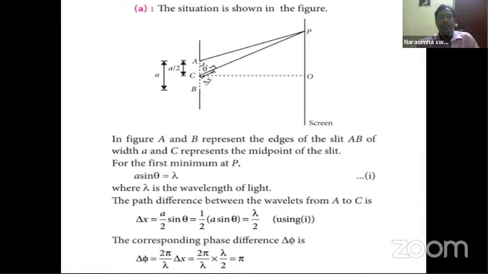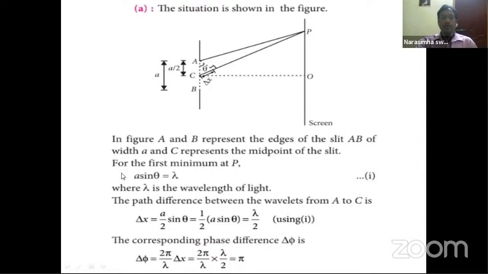The path difference between the wavelets from A to C is delta x equal to (a/2) sin theta. We are just rewriting this as a sin theta into 1/2, which is equal to lambda by 2, because the relation is a sin theta equal to lambda.